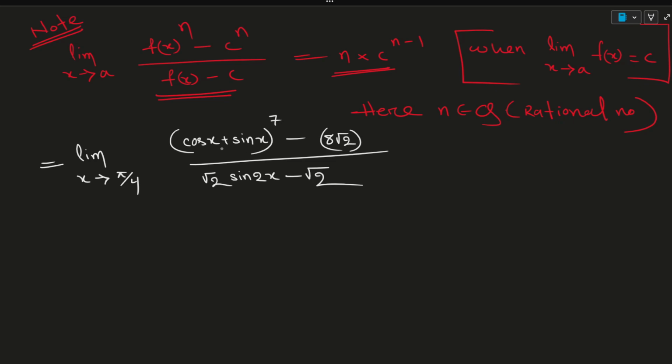So root 2 power 7 will be 8 root 2. Here the numerator will be 0 and the denominator will also be 0. If I put pi by 4 in place of x, then sine 2x will be sine pi by 2, which is 1, so it will be root 2 minus root 2, which is 0. So it is in 0 by 0 form.